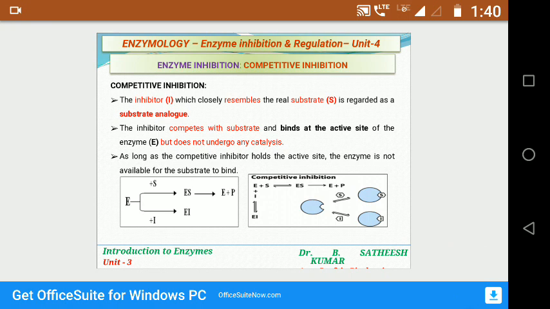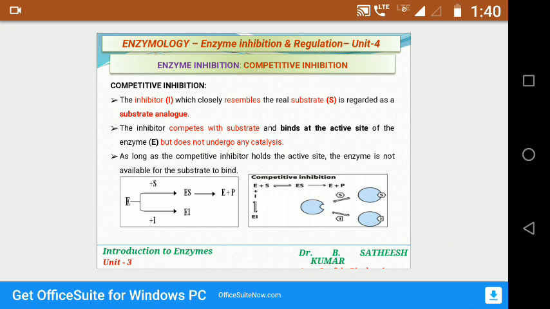If the concentration of substrate is more, then the substrate binds more. If the concentration of inhibitor is more, then the inhibitor binds to the active site more than the substrate. So it depends on the relative concentration of the substrate and the inhibitor. Therefore, if we add excess inhibitor, the enzyme will be inhibited.